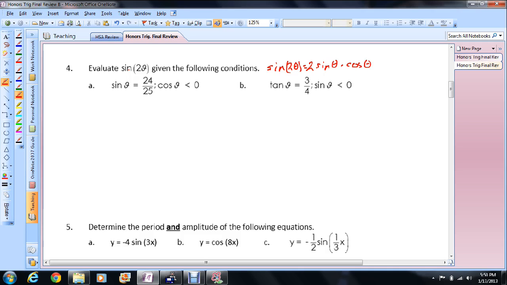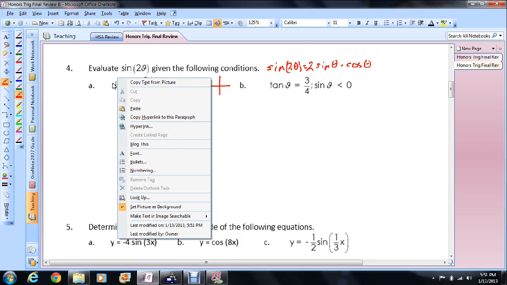This is very similar to something that was on packet A. I'm going to draw the picture that represents this situation. Up here, I'm going to make a little crosshair so I can identify what quadrant to put my triangle in. It says the sine is positive, so the sine is your y value.